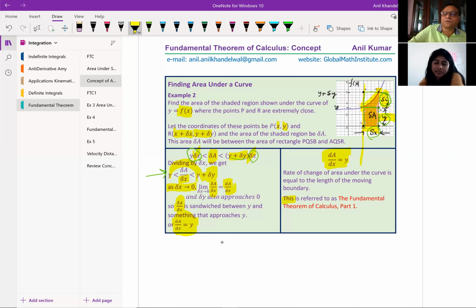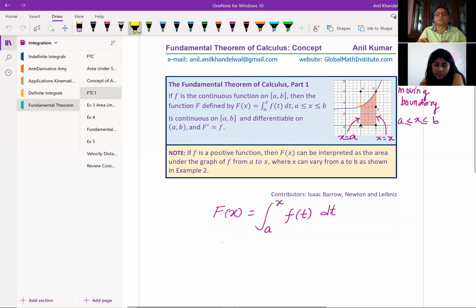This leads to the fundamental theorem of calculus part 1. This fundamental theorem is actually in 2 parts, and this is what the first part is, that the rate of change of area is related with the function itself. And to put it in words, it could be said like this: if f is continuous, f has to be a continuous function within the closed interval, including both a and b, then the function F of x is the integral of that, because it was antiderivative.